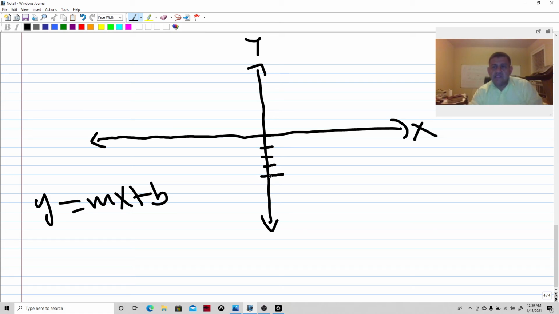So b is -7/2, which is going to be between here and here. And it's going to be a positive slope. So this will be going like this.